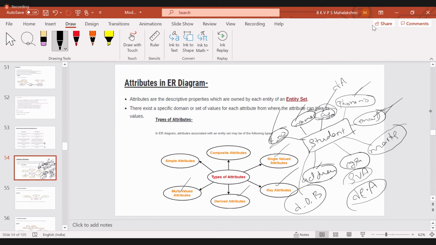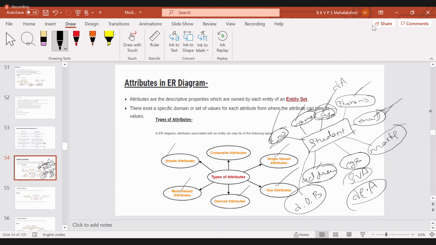Can you divide the roll number values further? No, roll number is a common number. You cannot divide that into two attributes. Roll number is an attribute that you cannot divide further. That is called a simple one. Age as well.